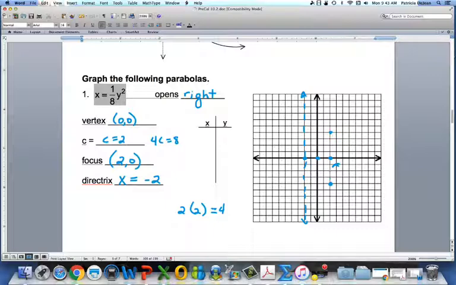And so those will be at 2, 4, and at 2, negative 4. And then we can draw in our right facing parabola.